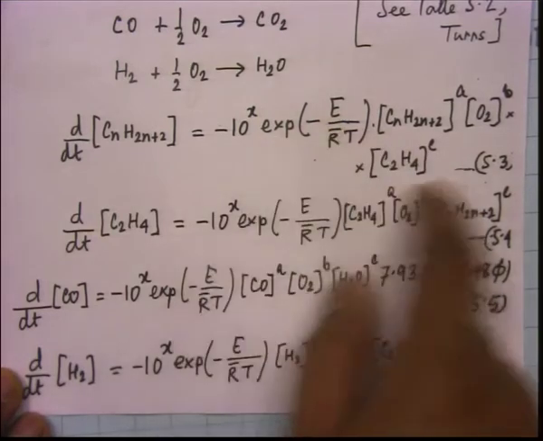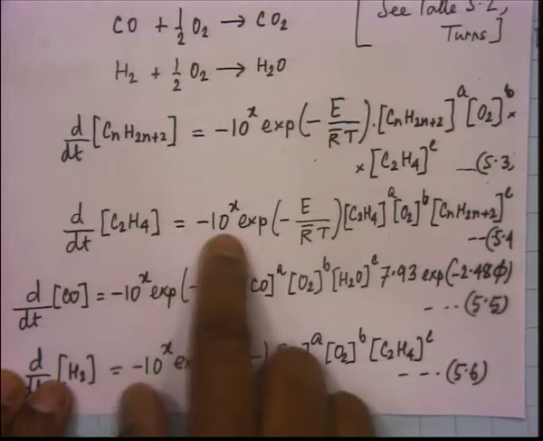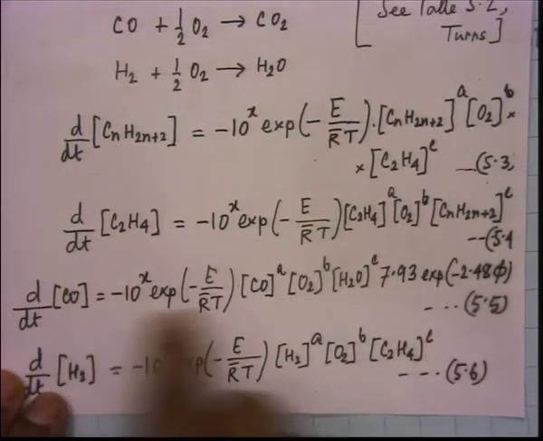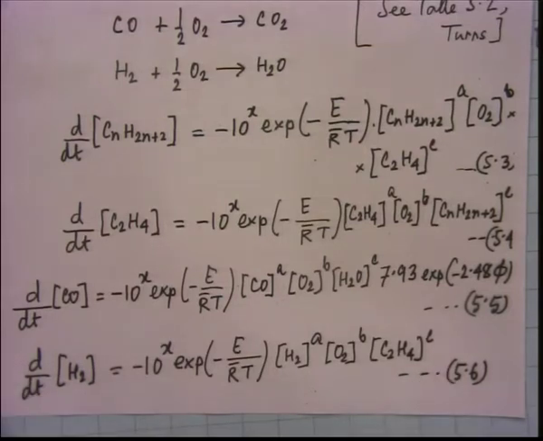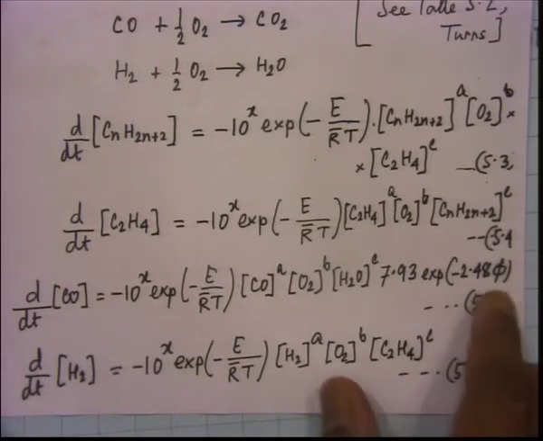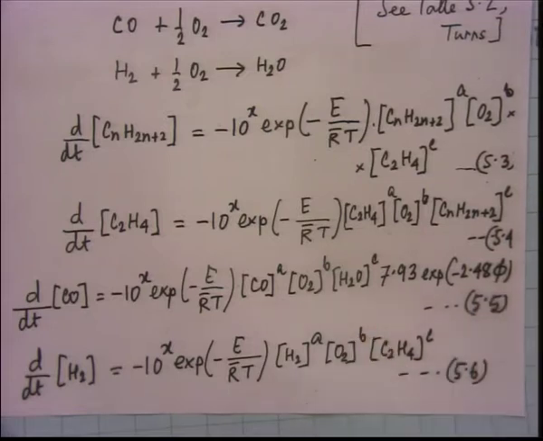Do not bother about the exact expression here. d/dt of C2H4, there is an expression. d/dt of CO, there is an expression. d/dt of H2, there is an expression. All these expressions depend on the right hand side, temperature and also various concentrations. And in some cases, the expression also depends on the equivalence ratio. So, there is a phi here, but all this is a matter of detail, and you can look this up.